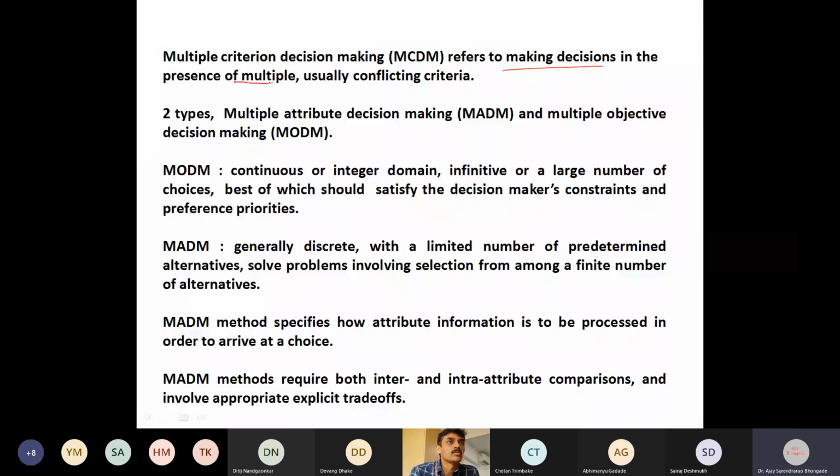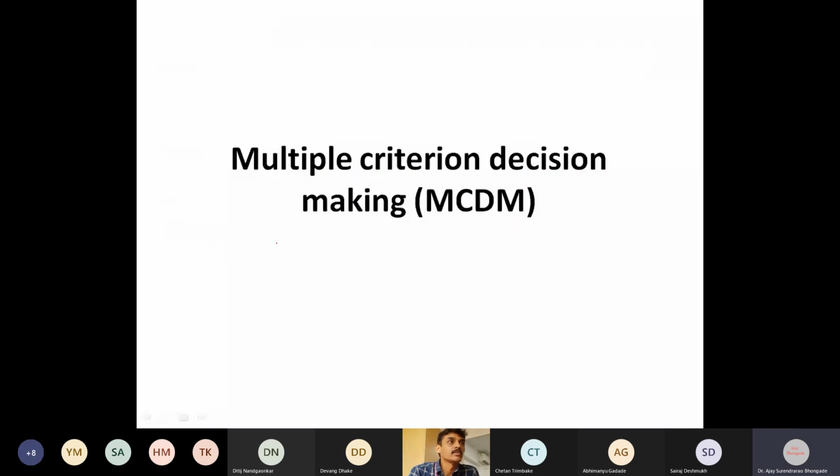Now criteria can be different things. Let us say we are talking about allocation of land.